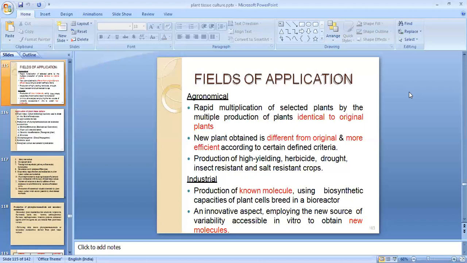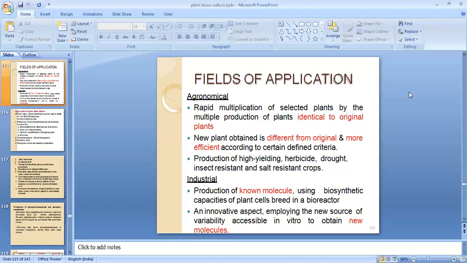And new plants are also obtained which are different from the original and with more efficient criteria, maybe high yielding or herbicidal capacity, drought resistant plants or plants which can grow in drought, insect resistant plants, or sometimes salt resistant crops.